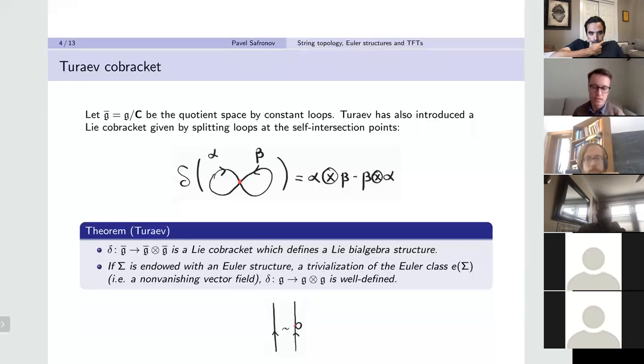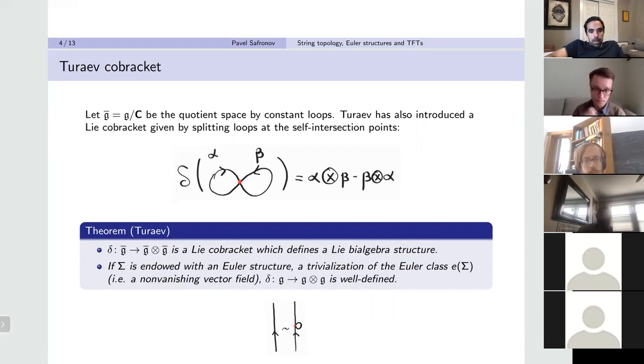On the right, you'll pick up a constant loop. So that's the problem, why a priori this operation is not well-defined on all loops without modding out by constant loops. And the way a non-vanishing vector field fixes this problem is you can look at loops which have winding number 0 with respect to that vector field.